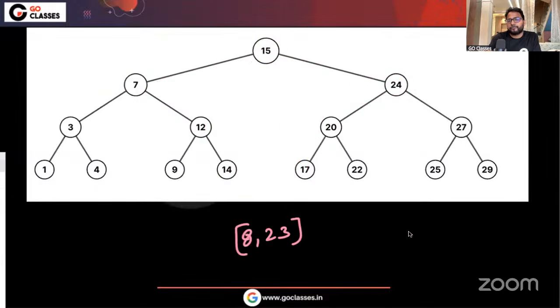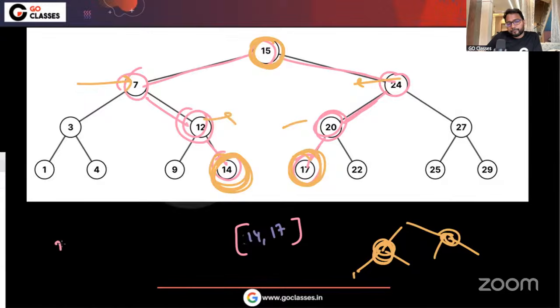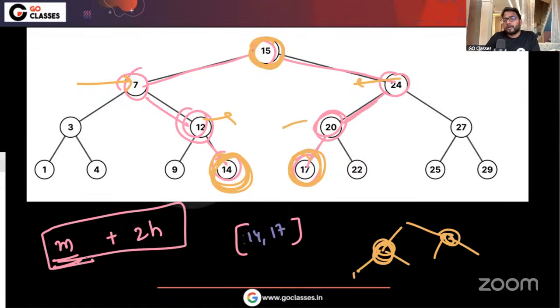Now, at every level, you are also visiting two nodes, so 2h nodes also. So basically, M plus 2h. Now, whatever you are visiting at every level could already have been counted in M. Doesn't matter. Even if I'm over counting it one more time, it doesn't matter, because it could be M, 2M, 3M. It doesn't matter.